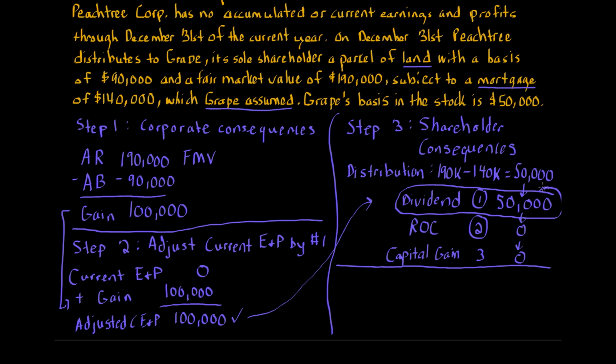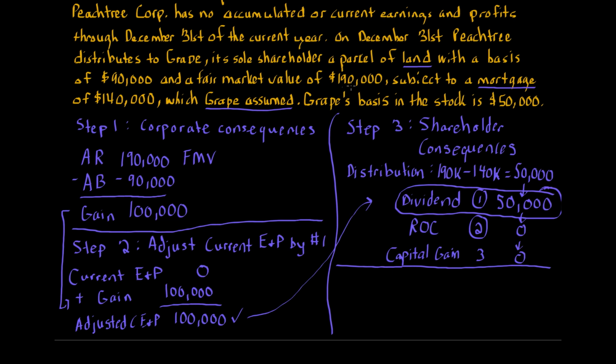Another thing when you look at the shareholder consequences, remember, Grape is receiving land here. So the question is, what is the basis that Grape takes in that land? And remember, the rule is under section 301(d) that it's always going to be equal to the fair market value. So the fair market value here is $190,000.